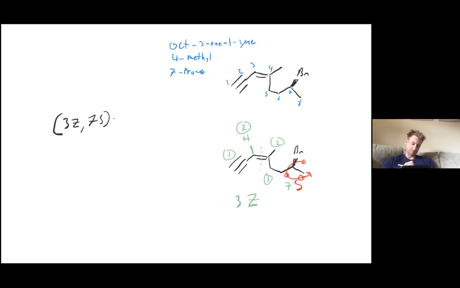B comes before M, so 7-bromo, 4-methyl, oct-3-ene.